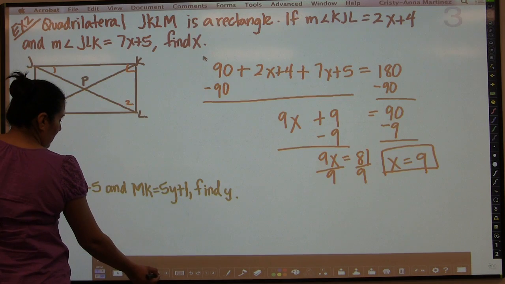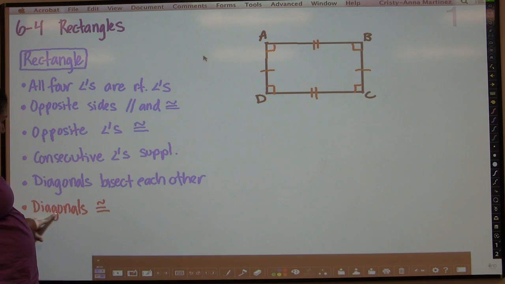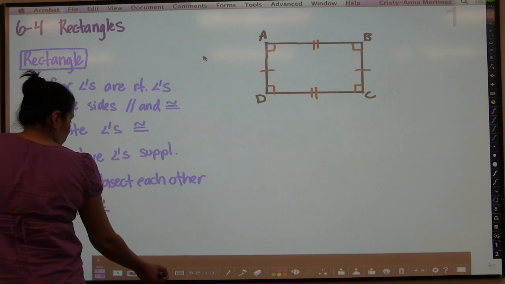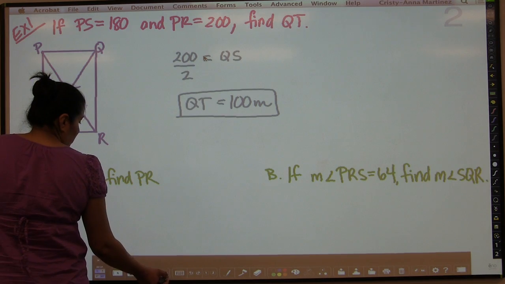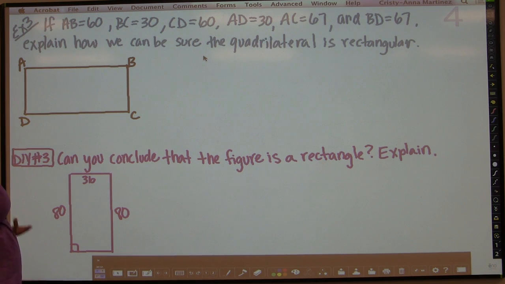I didn't write it in an if-then format, but that's basically what this is saying in the original slide that we had. This theorem right here is that if a parallelogram is a rectangle, then the diagonals are congruent. So now, the converse of that would be that if the diagonals of a quadrilateral are congruent, then we know that it's a rectangle.